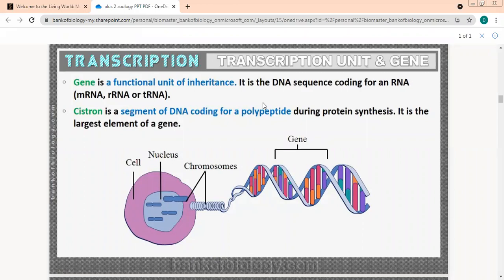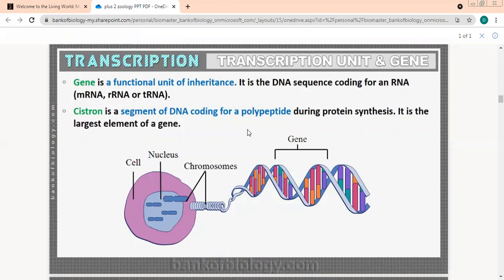So this is a gene. Now what is a cistron? This is also a segment of DNA, coding for a polypeptide during protein synthesis. We know a polynucleotide is a chain of nucleotides, and this is a polypeptide. Why do we call the protein chain a polypeptide chain? Because we have peptide bonds.